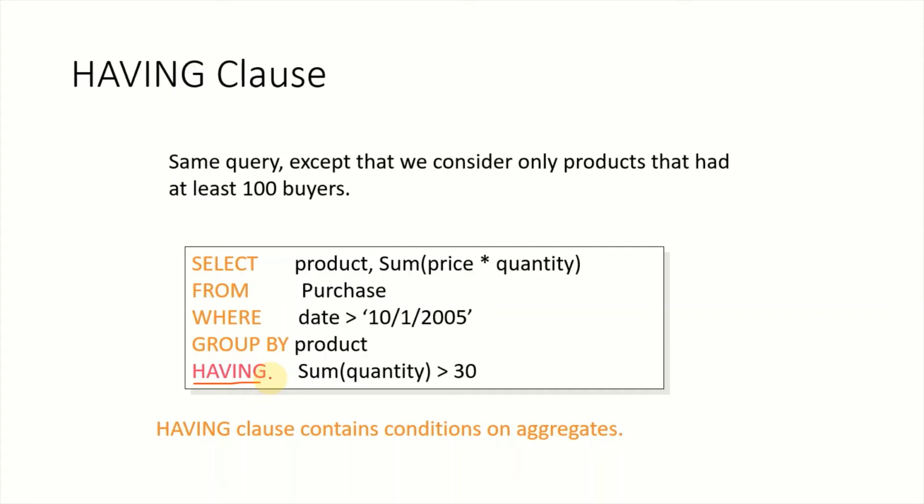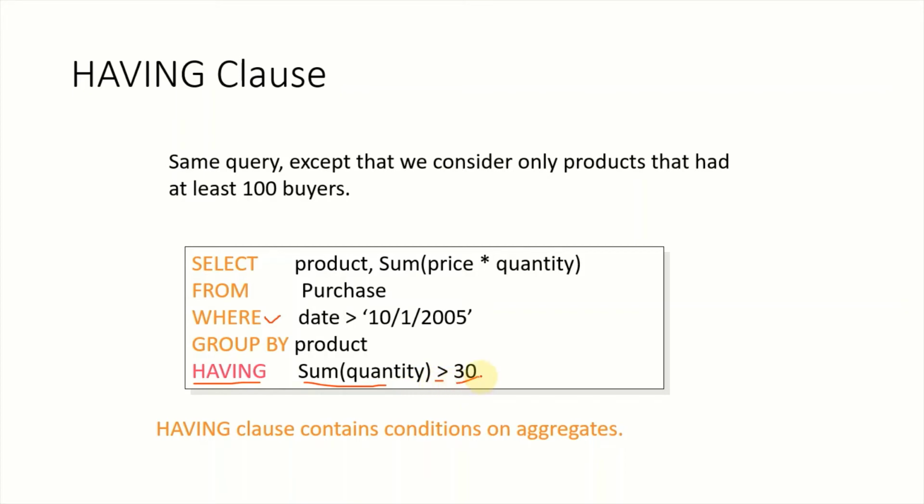So here we are actually using a condition here, but we have also one additional condition, and that is about the aggregation, and it will give us the sum of all the quantities, and the quantities must be greater than 30.